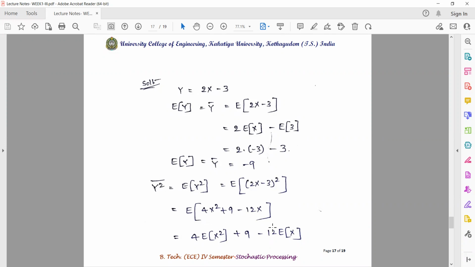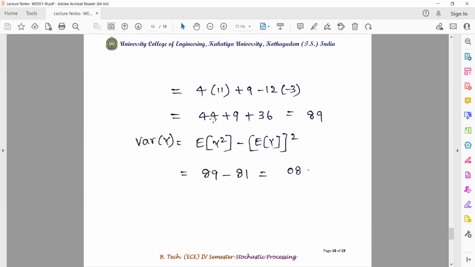Separating the expectation operator: 4 is a constant, expectation of x square; the expectation of a constant is the constant; minus 12 is a constant kept outside, the remaining factor is x, so we represent it as expectation of x. Substituting the given values, E of x square is given, E of x is given. Substituting, 4 into 11 plus 9 plus 36, we get the answer 89.